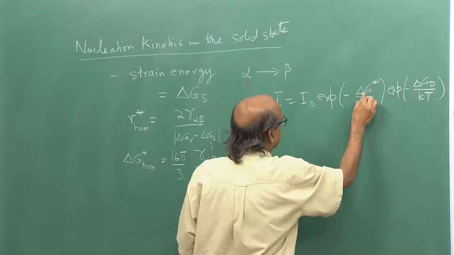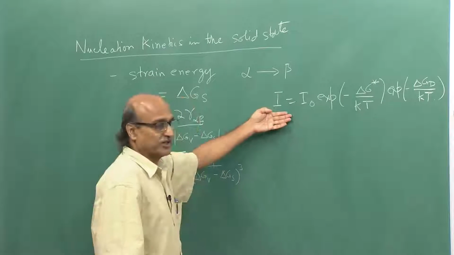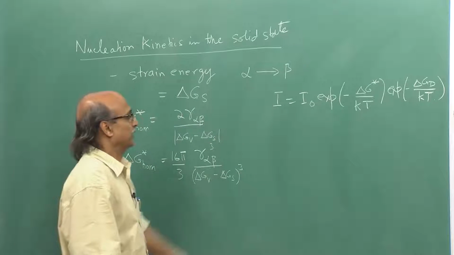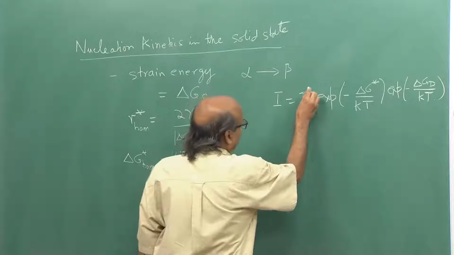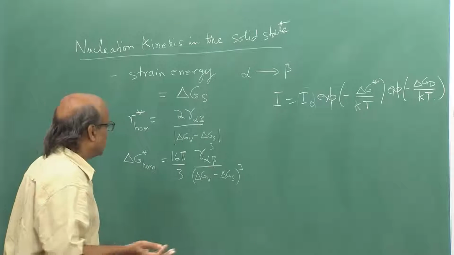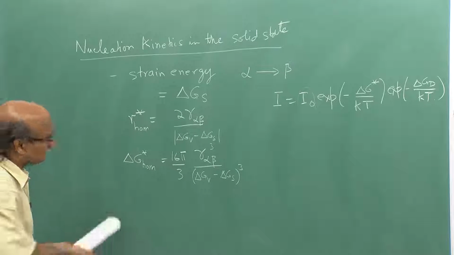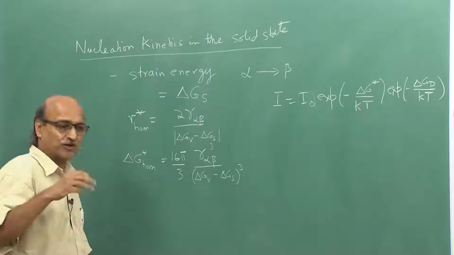So, delta G star would be somewhat different. So, if it is larger, then the nucleation rate will go down for the same amount of undercooling. In the last lecture, we had also looked at I naught, but I naught in the case of homogeneous nucleation would be of similar order that we have already got, to the order of 10 to the power 40 or so.